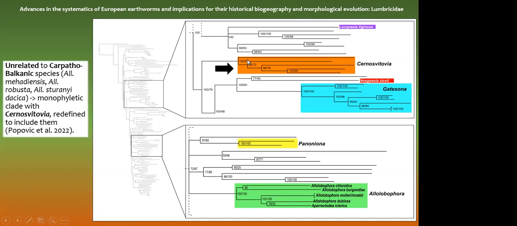Then an unrelated clade contains Carpatho-Balkanic species which were formerly assigned to Allolobophora, such as Allolobophora mehadiensis or Allolobophora robusta. These species form a monophyletic clade with the species called Cernosvitovia, so this led us to redefine Cernosvitovia to contain these species which are no longer Allolobophora.